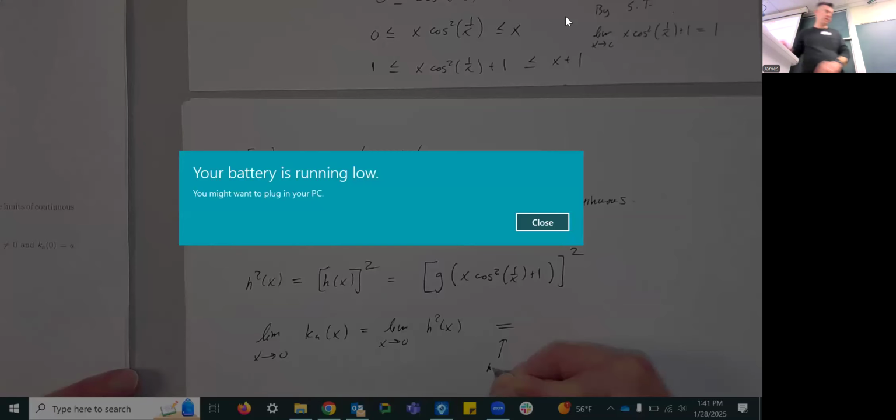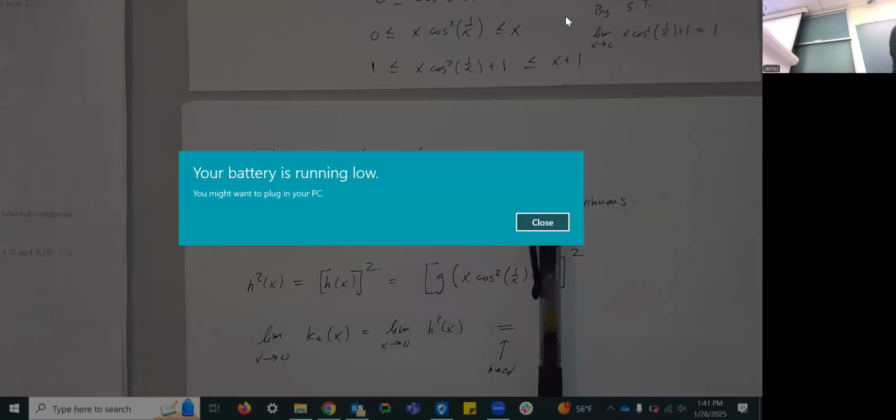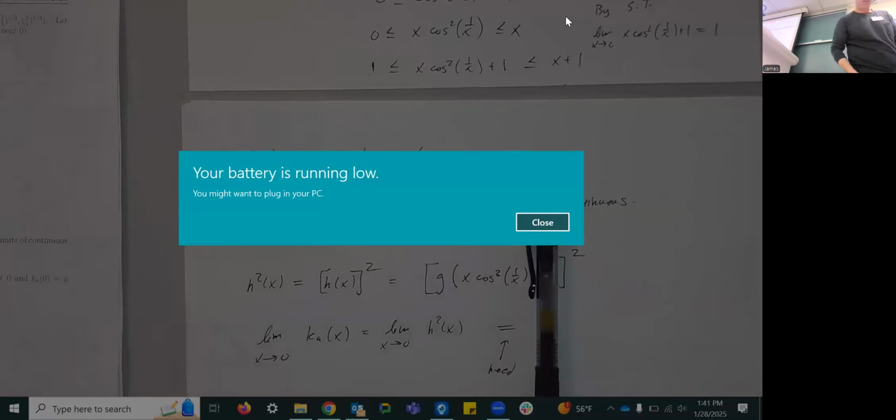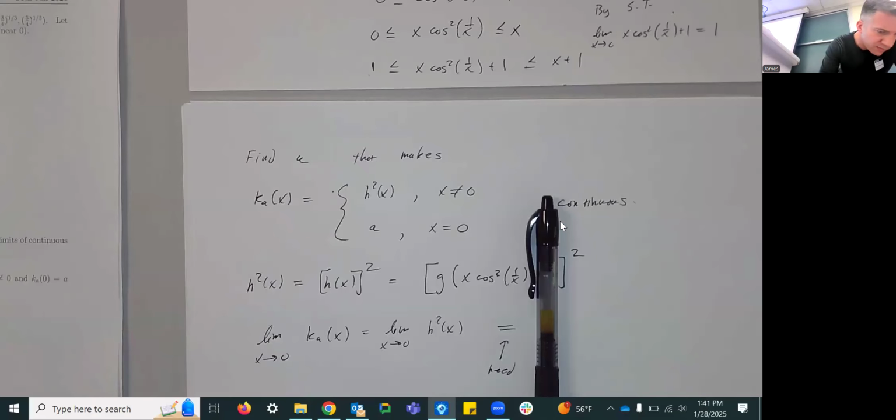Oh shoot, I forgot to plug it in. No, I did plug it in. That's concerning. One second. Am I not powered here? We really don't want to lose power. That'd be terrible.